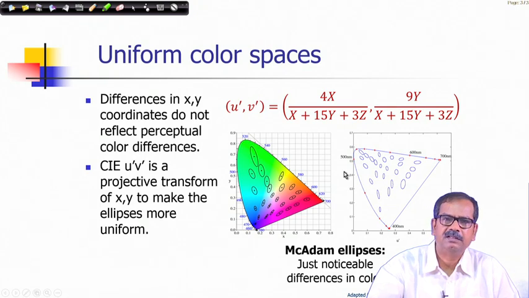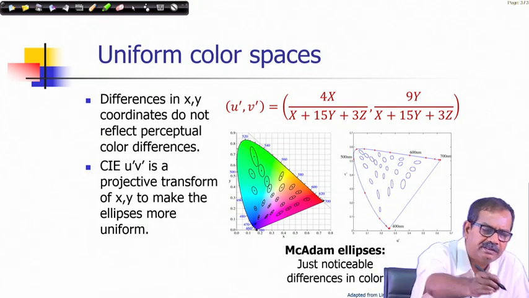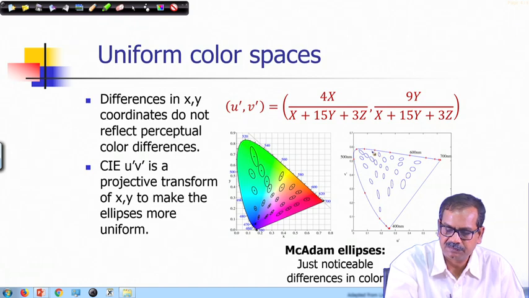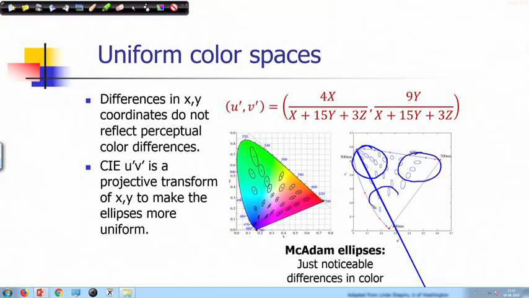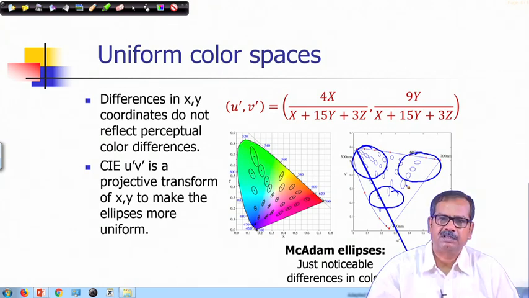Consider this diagram: you can see the differences of sizes of ellipses in the green zone, and in the red or blue zones they are reduced remarkably. So, this space is more suitable when we compare colors by defining certain distances, though it is an ellipse, not a circle. Euclidean distance is not very appropriate in this space, but still you can consider neighborhoods whose sizes are at least similar.